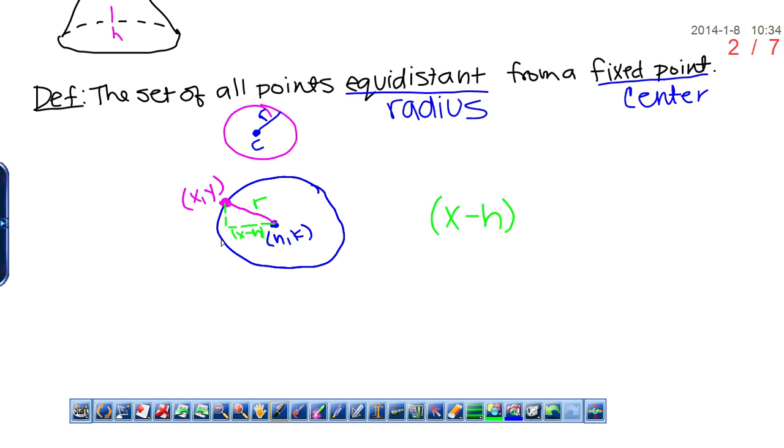This is r. What would this difference be? y minus k. So if we do the Pythagorean theorem, we would have (x minus h) squared plus what? (y minus k) squared is equal to what? r squared. That is the equation of every circle.